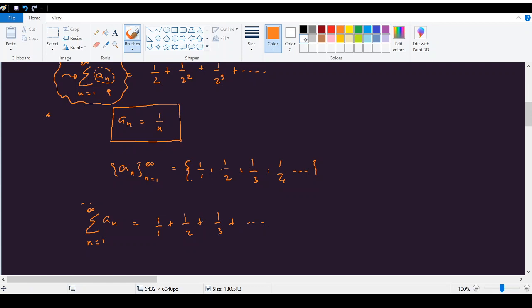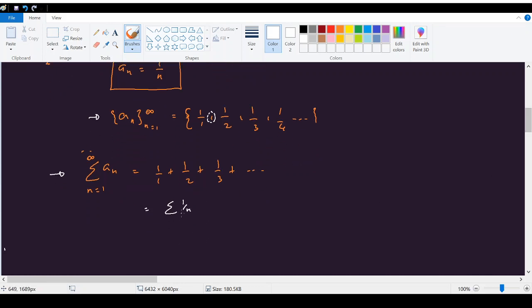The only difference is that you have a comma in between the terms in a sequence, and for a series you have an addition in between the two terms. Now instead of writing it as a_n, you can even write it as sigma of 1 over n. That also gives you the same idea. Here it says we should add all the 1 over n terms starting from 1 and going up to infinity.